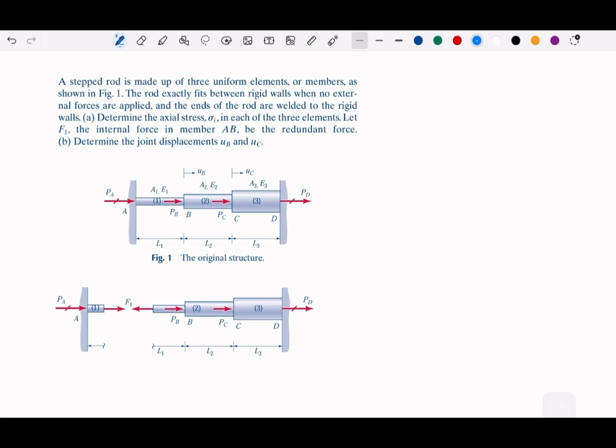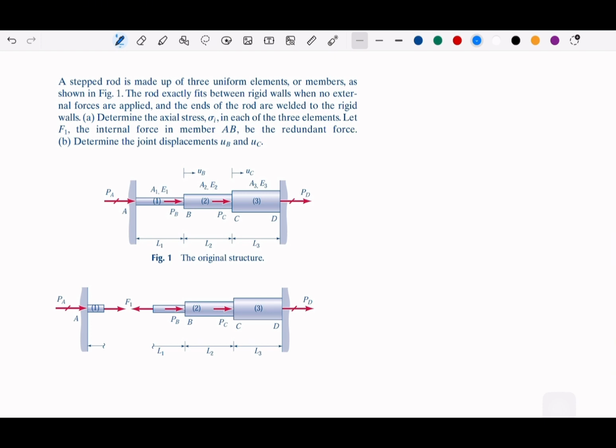If you look at this part itself, it becomes determinate because we cut this, and this becomes the force. So F1 becomes similar to an external force, but of course this is an internal force. This is just our assumption. So we can make the structure statically determinate by cutting element 1 like that.